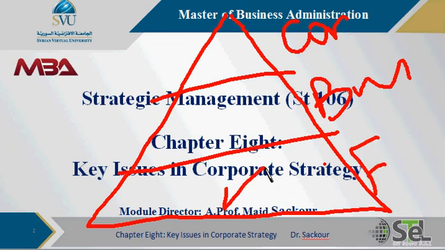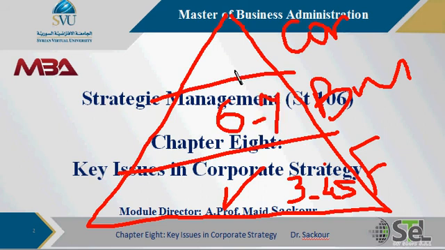We talked about this in chapter number 3 and maybe 4 and 5, and in chapters 6 and 7. Now it's time to talk about corporate level in chapter number 8.